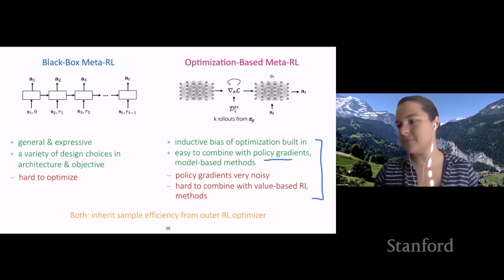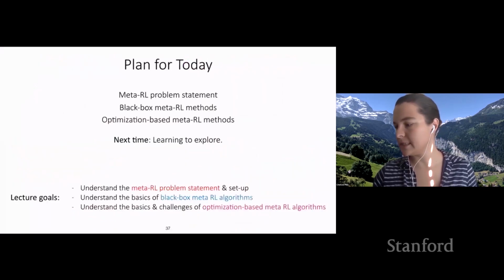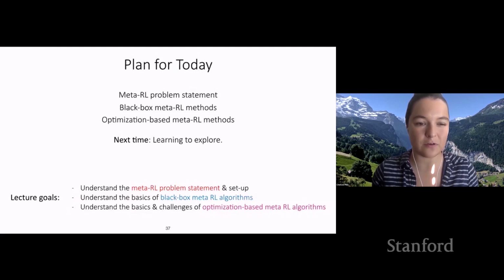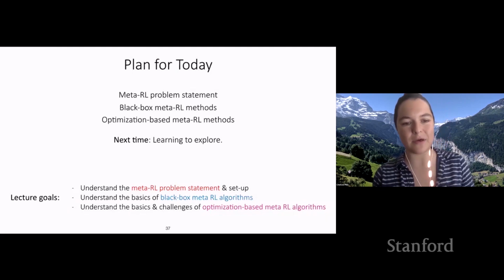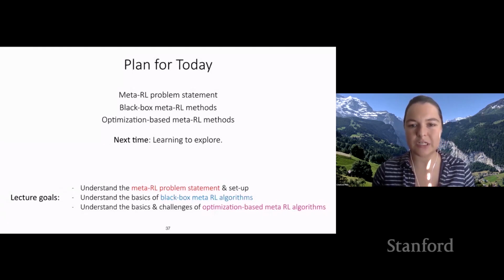And the efficiency is more dominated by this outer RL optimizer than the meta-RL approach itself. Okay, so that's it. We got through the lecture goals, and hopefully that gave you a decent understanding of the meta-RL problem statement and the basics of black box and optimization-based meta-RL algorithms.